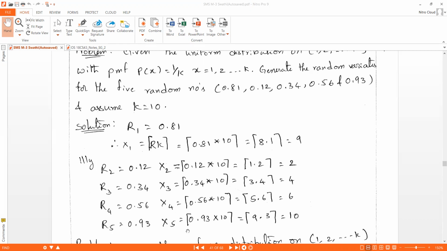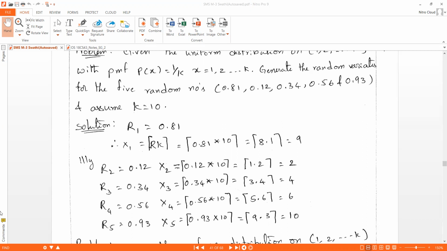The r5 value is given in the problem as 0.93, and the k value is given as 10. 0.93 into 10, we will get 9.3, the mod of 9.3. If you remove this mod, the outcome will be the upper limit value, that is 10. Now the generated random variants are 9, 2, 4, 6 and 10.